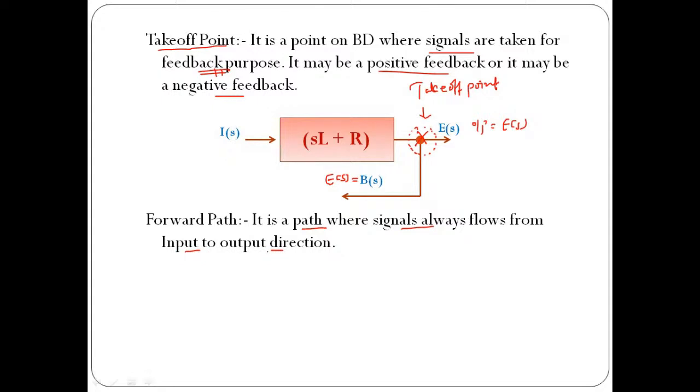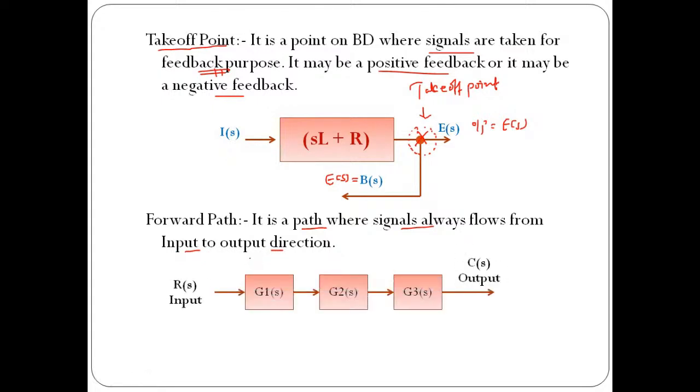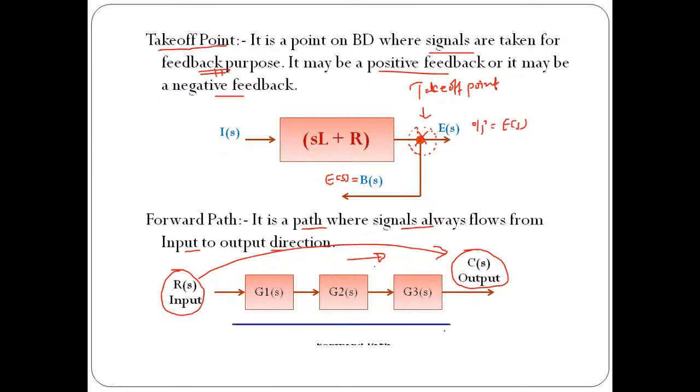That is important. With respect to this particular block diagram, here this indicates the input and this indicates the output. If we are moving from input to the output, this path is known as the forward path. This is indicated over here: G1 of S, G2 of S, G3 of S indicate the forward path.